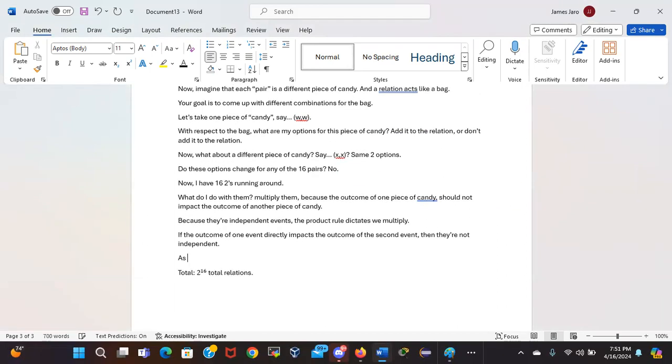As an example, driving to school and parking. If you drive to school, that does impact how you park, because the only way you can park your car is if you drove your car in the first place. Does that make sense?